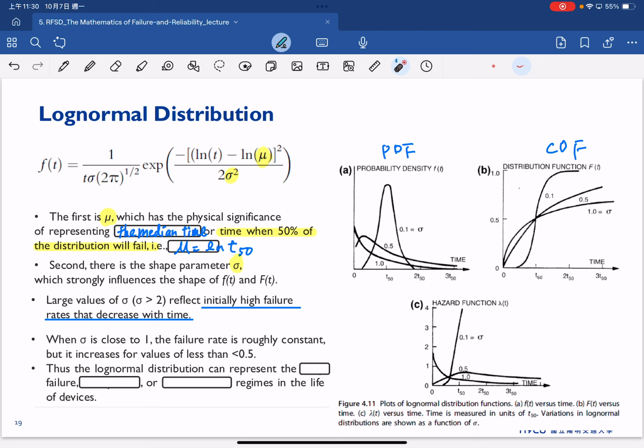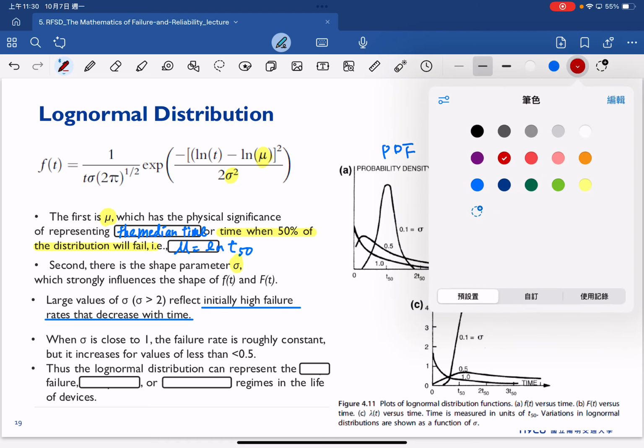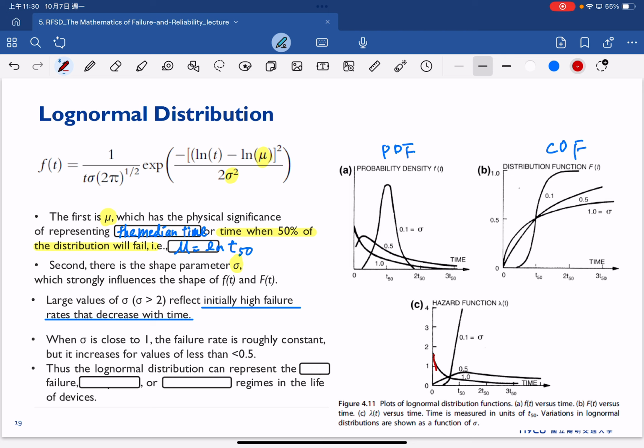This is sigma equal to 0.15. And this is sigma equal to 1. And therefore, if sigma is larger than 2, the curve is expected to look like this, as in the case of sigma equal to 2.